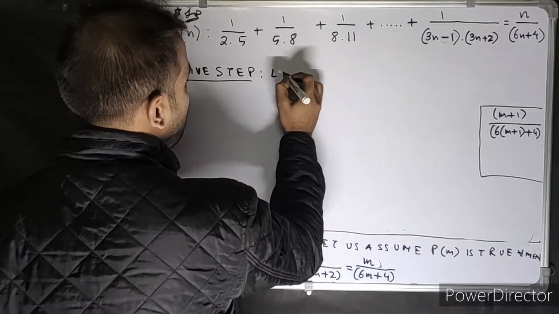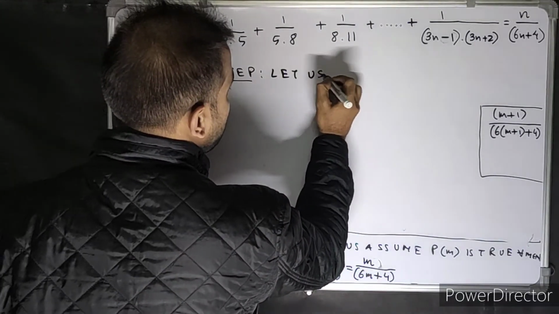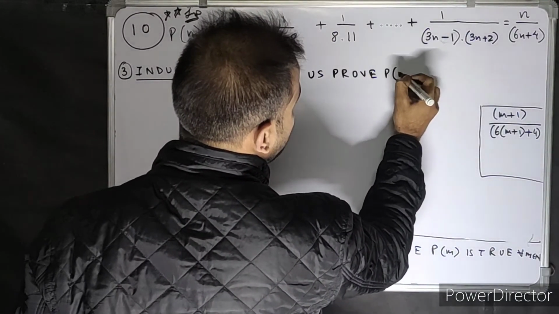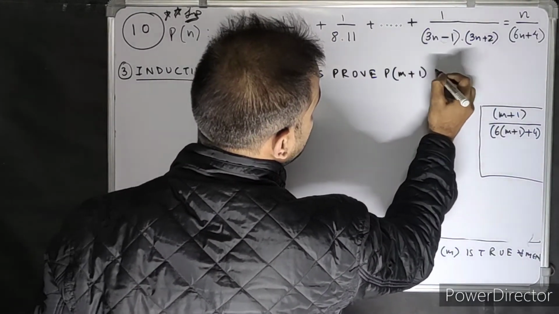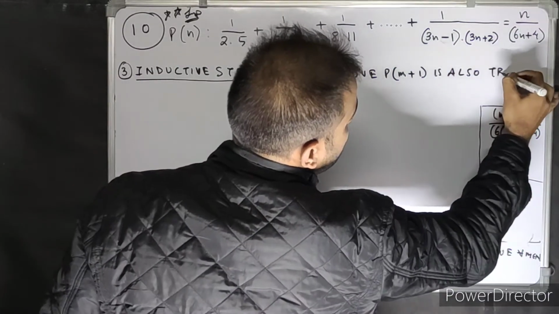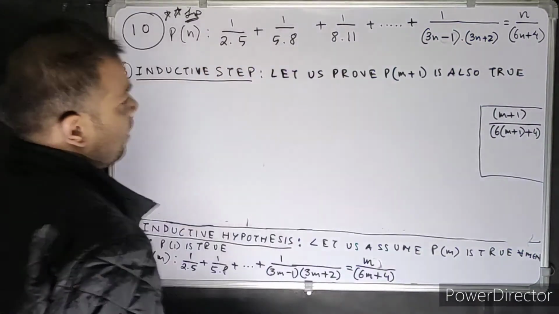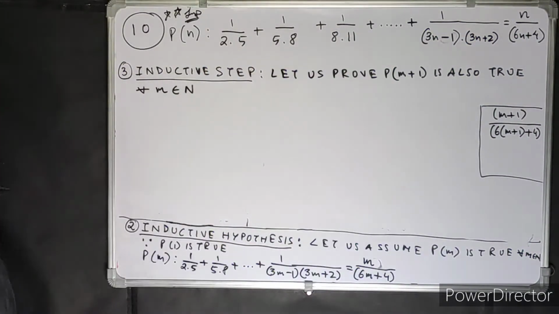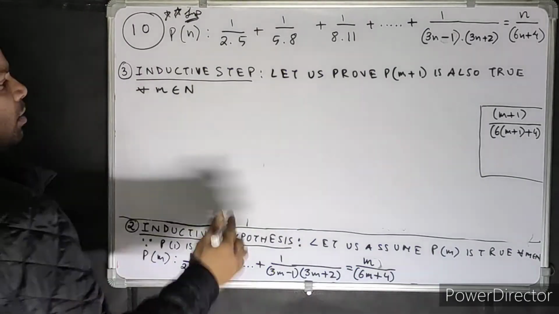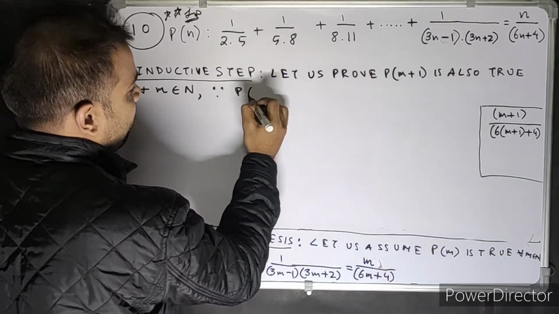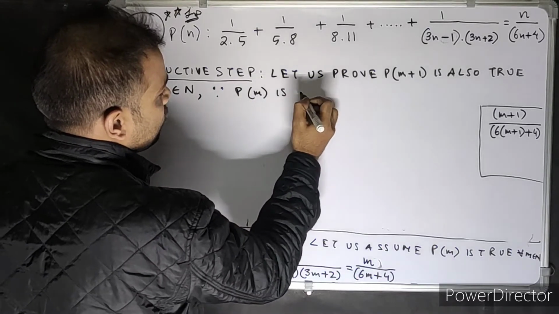So let us prove P of m plus 1 is also true, for all m belonging to natural numbers, since P of m is true.